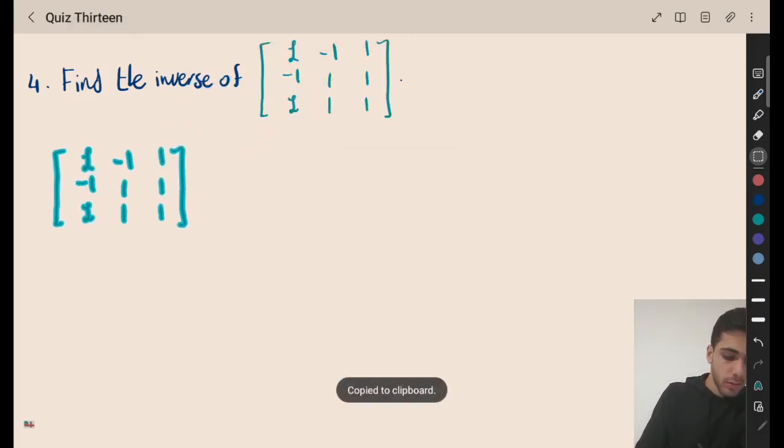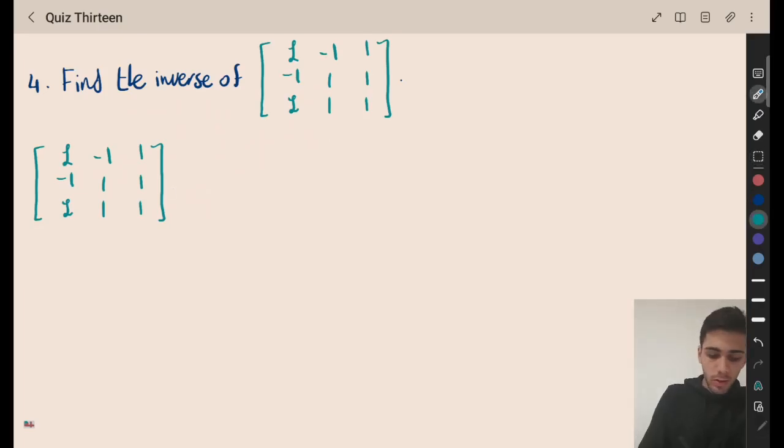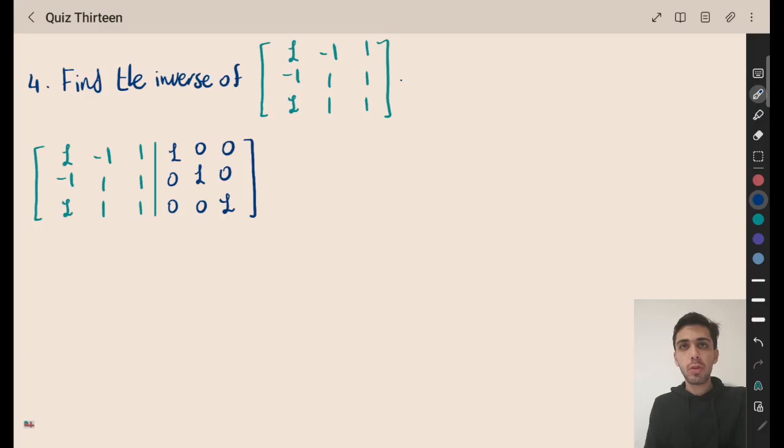Well, we utilize the augmented matrix construction. We start by appending, gluing, augmenting the identity matrix to this matrix, and we proceed by turning this into the identity matrix, you could say.